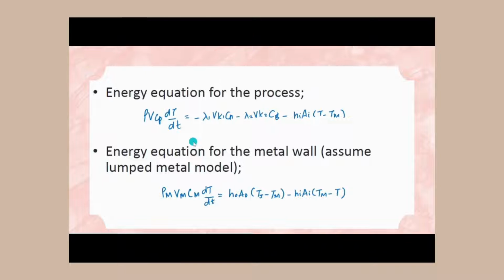Next, the energy equation for the metal wall. For this energy equation, we assume it is a lumped metal model. The equation is rho m Vm Cm dTm over dt equals Ho Ao in bracket Tj minus Tm minus Hi Ai in bracket Tm minus T.